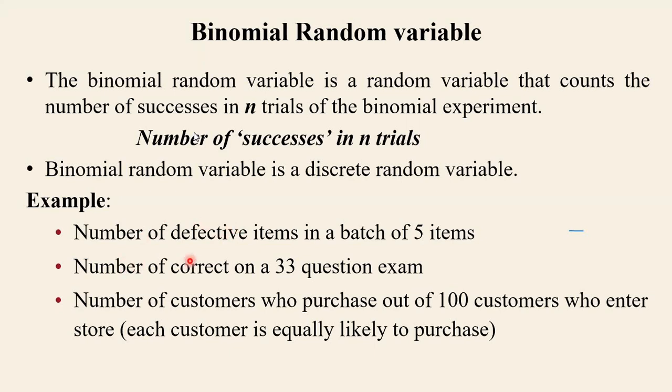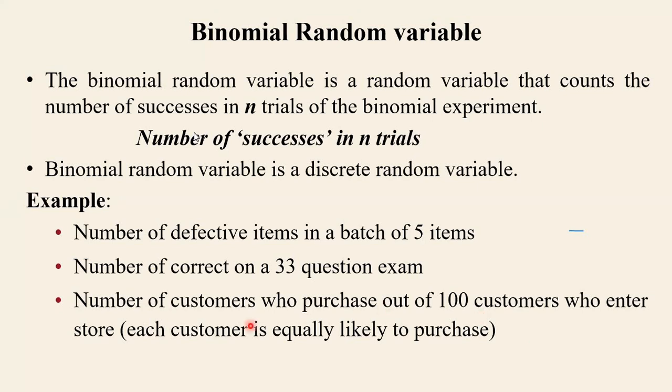The number of correct answers on a 33 question exam, right? So here the number of fixed trials is 33 and the success is a correct answer. The number of customers who purchase out of 100 customers who enter a store, right?